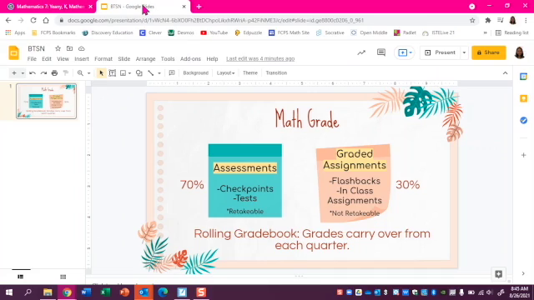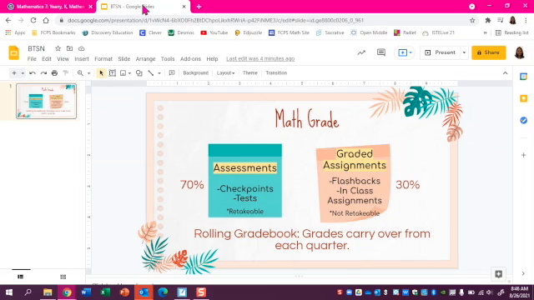A student's math grade is made up of 2 grading categories. The first grading category I will talk about is assessments. That is 70% of a student's grade. Assessments consist of checkpoints and tests. Checkpoints are smaller assessments given throughout a unit to see how students are doing.